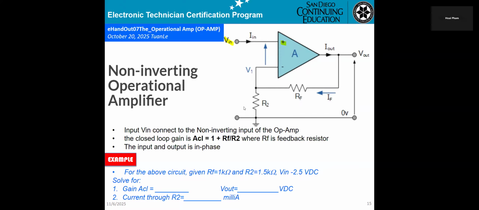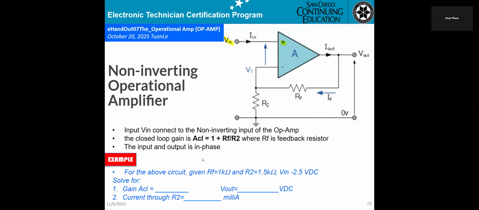That tells you non-inverting. And RF is the resistor connected from the output of the op amp back to the input of the op amp. Input Vin is connected to the non-inverting input of the op amp. Closed loop gain ACL equals 1 plus RF over R2.